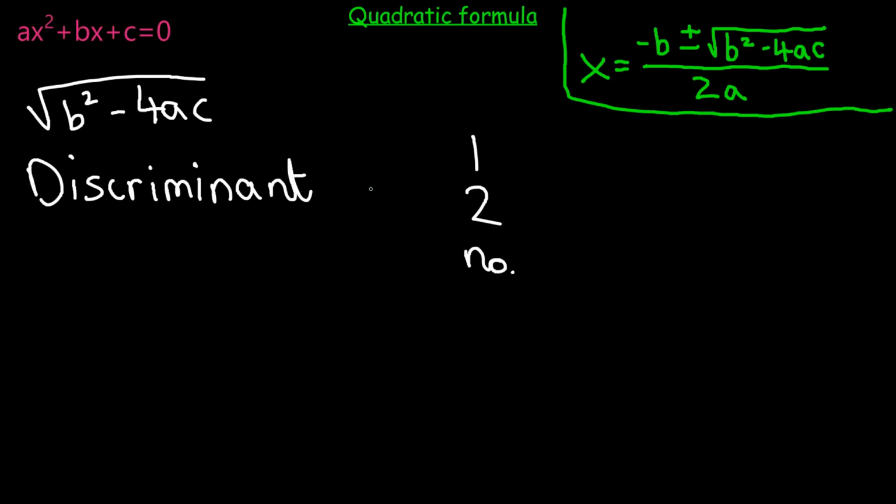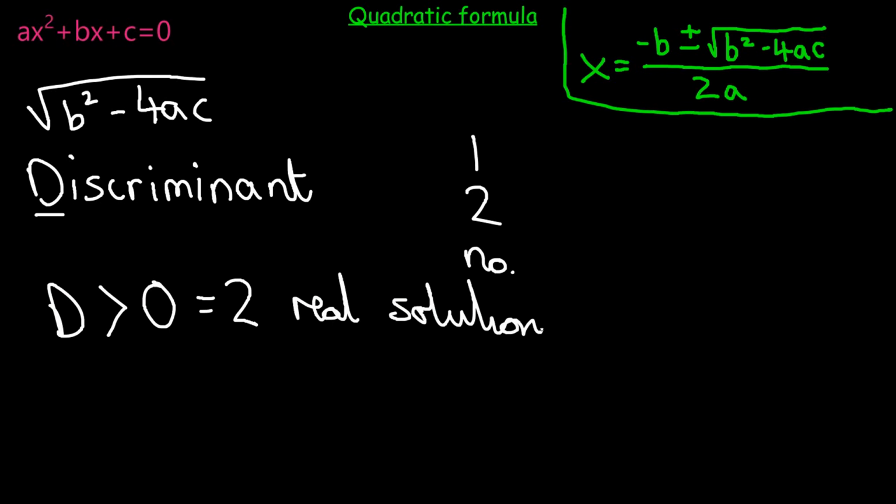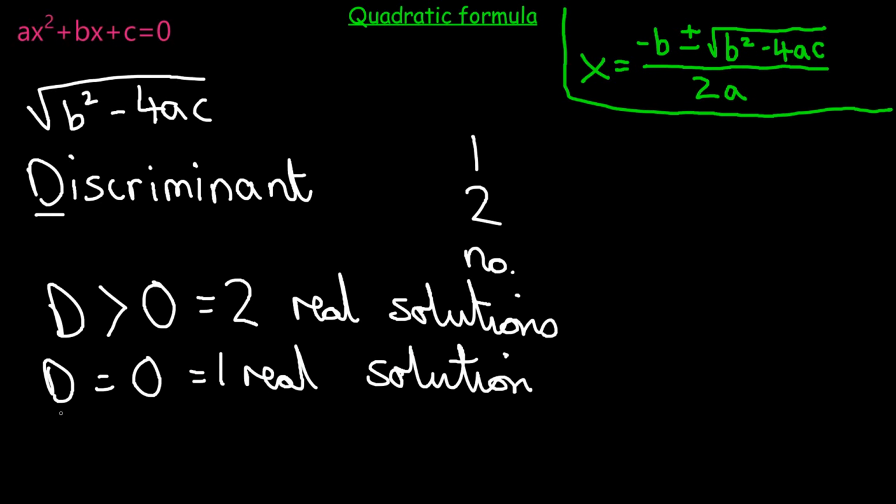If the discriminant is greater than 0, let's call the discriminant d. If d is greater than 0, then there are two real solutions. If the discriminant is equal to 0, then there is one real solution. One real solution. And if d is smaller than 0, then there are no real solutions.